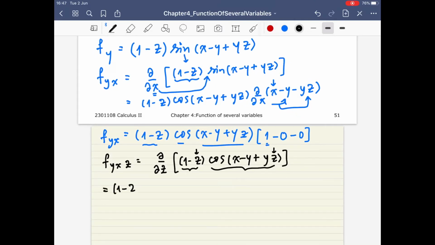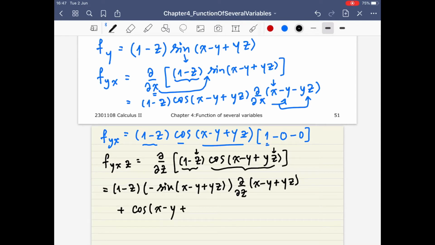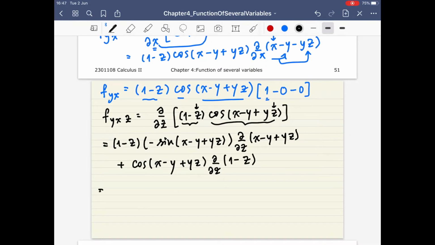So it is the first derivative of the second, which is negative sine, the cosine derivative is negative sine of x minus y plus yz, and then a derivative of the one inside with respect to z, just like this. So this is the first derivative of the second plus the second, cosine, just copy it down, derivative of the first. Okay, so you just try to finish it up.